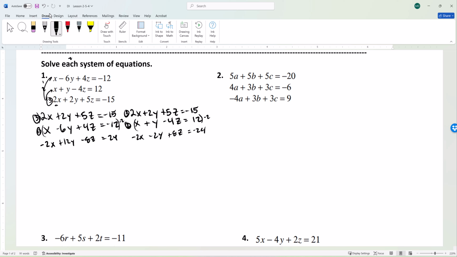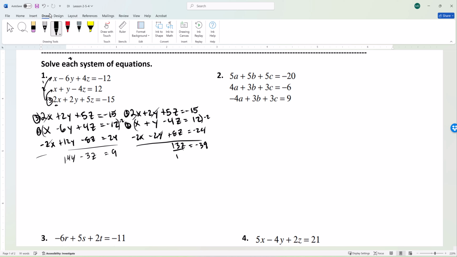So adding these together, the x's cancel out here. You get 14y, and then minus 3z, equals 9. And then the x's cancel out, the y's cancel out, which is nice. And then I get 13z equals, and then 15 and 24, that gives me -39.